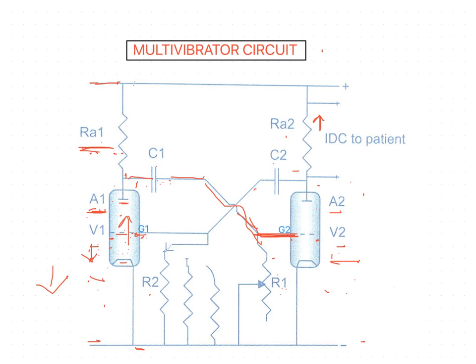So this is the working of this multivibrator circuit. Here the patient circuit is wired in parallel to RA2, that is this resistance 2, and the interrupted current flowing through this resistance is supplied to the patient. So this is the function of this multivibrator circuit.